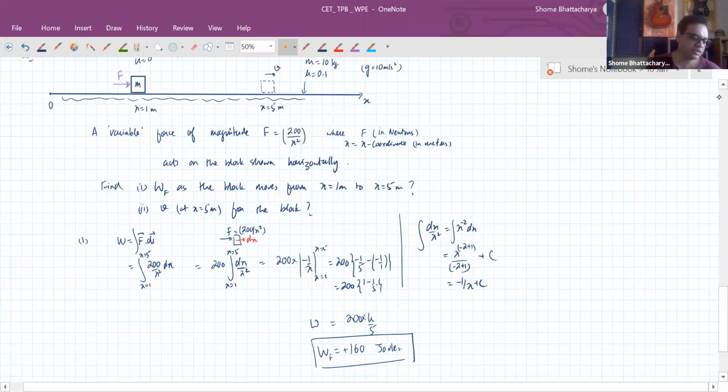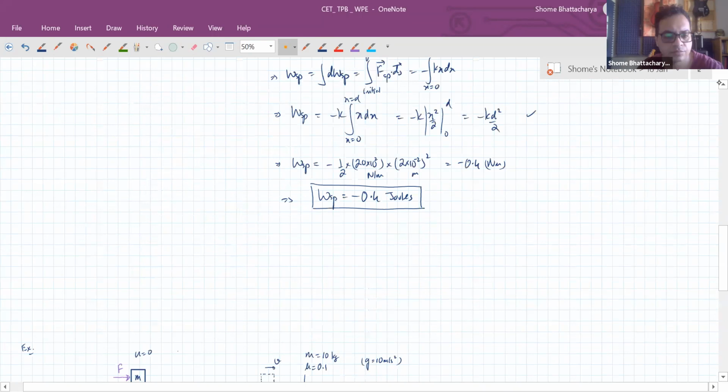That is, the net work done by all the forces should be equal to the change in kinetic energy. So we will use that formula and that theorem. Here we'll need to calculate the work done by friction, because friction will also be doing work.